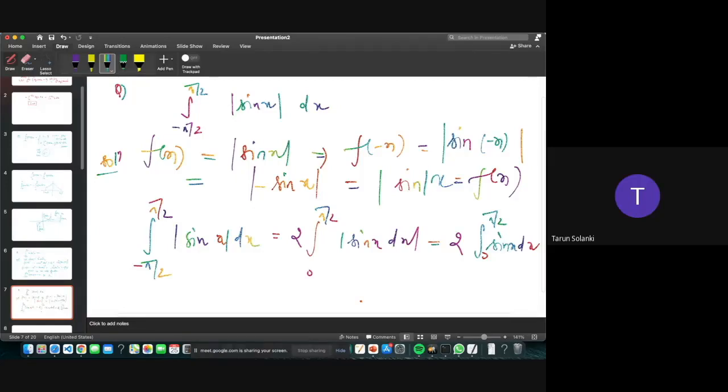So finally we can say sin x is greater than or equal to 0 in the range from 0 to pi by 2, right?